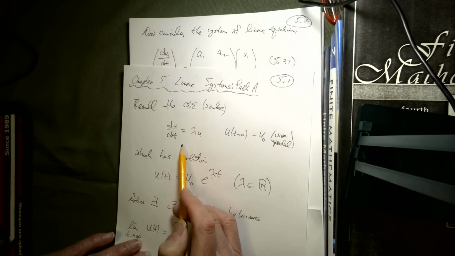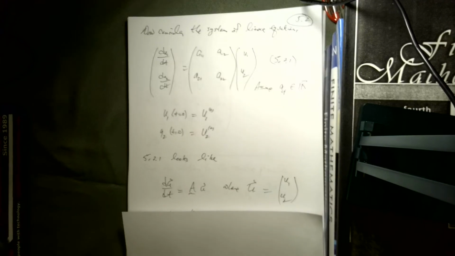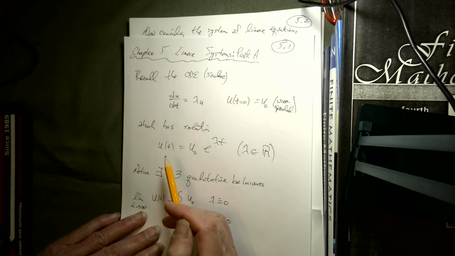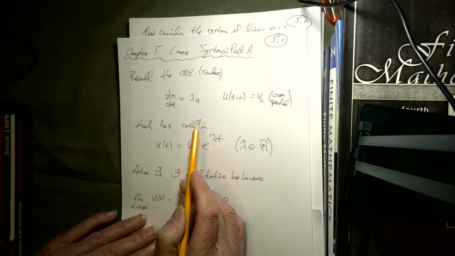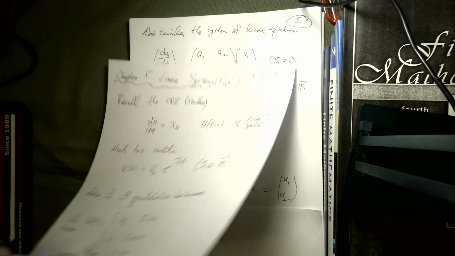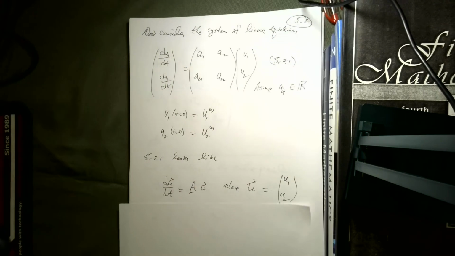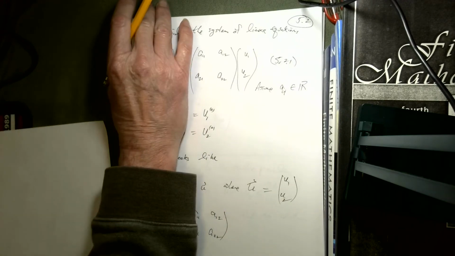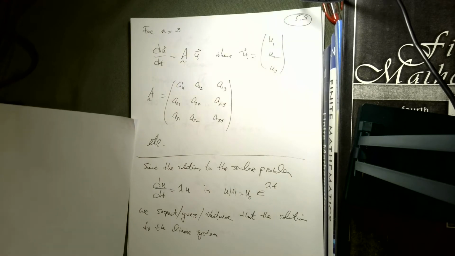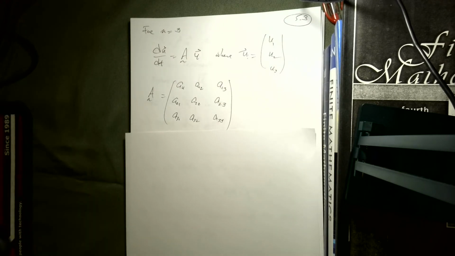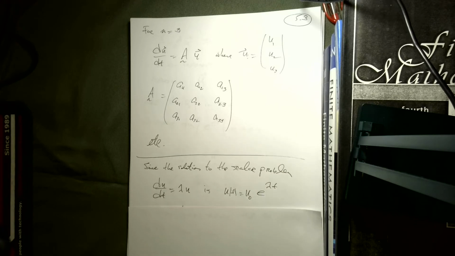So we suspect that maybe there's a way to take this solution to our scalar problem and see if we can somehow adapt it to our matrix problem or system. If, for example, the matrix A is a 3 by 3 matrix, then we obviously have a bigger, higher dimensional problem, etc.